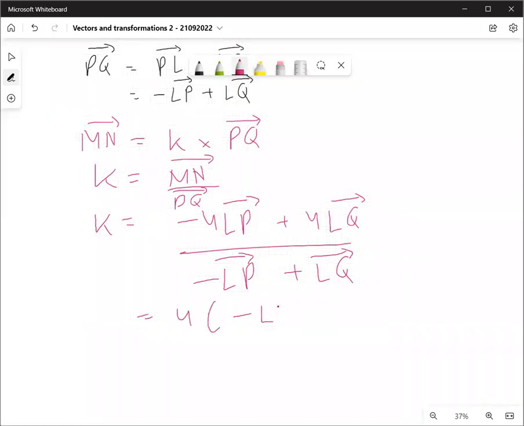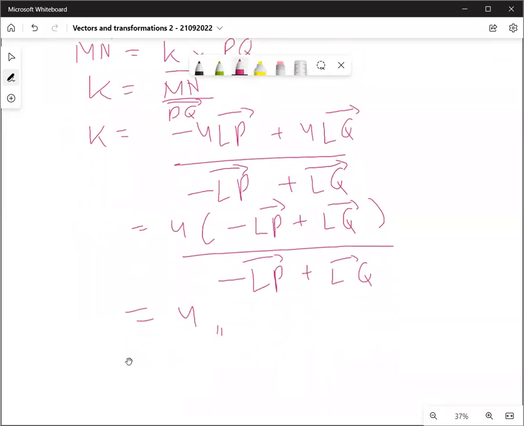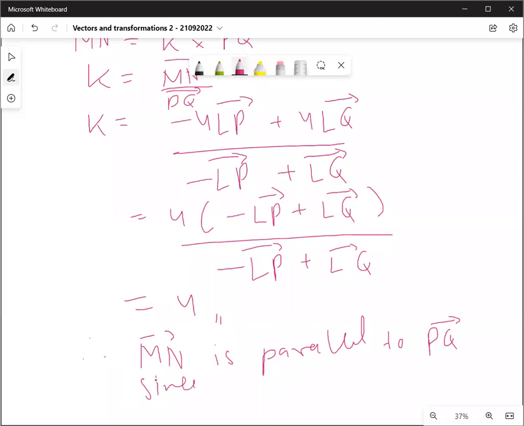If I take 4 common, this will become LP plus LQ divided by minus LP plus LQ, and then you get 4. Therefore, MN is parallel to PQ since K is equals to 4.